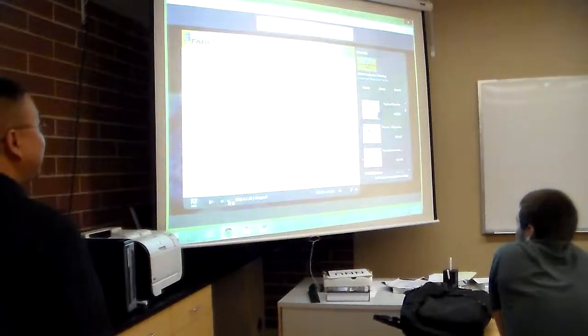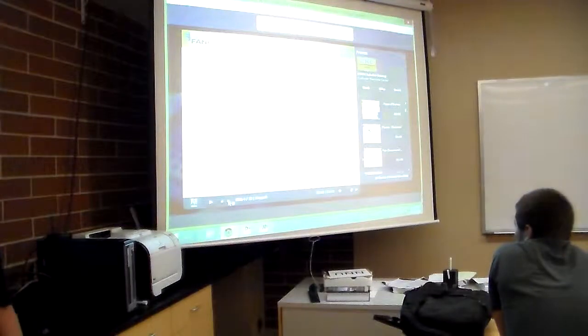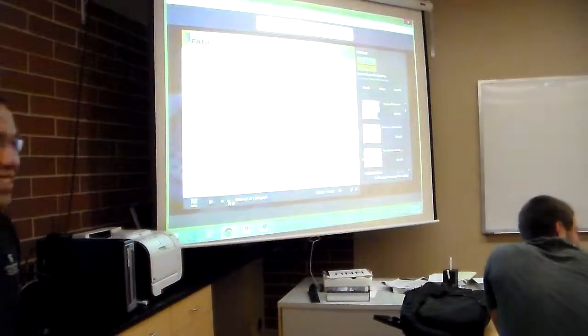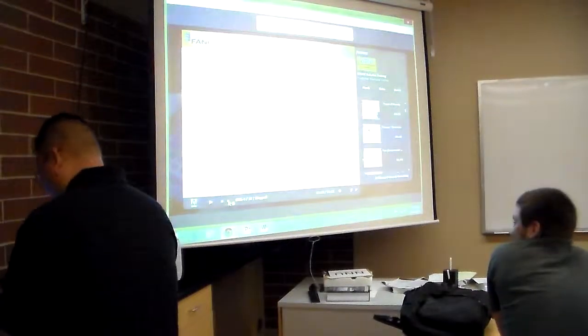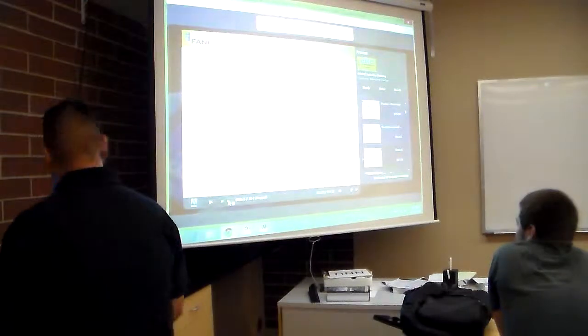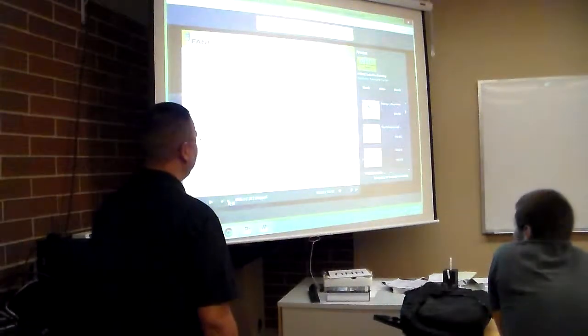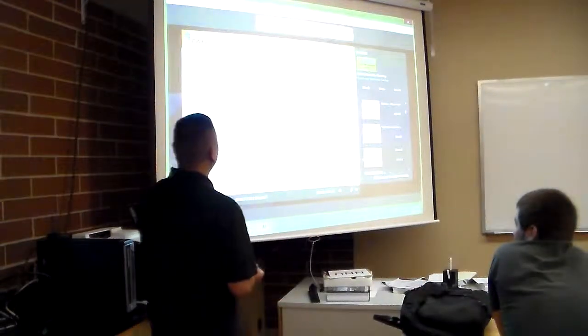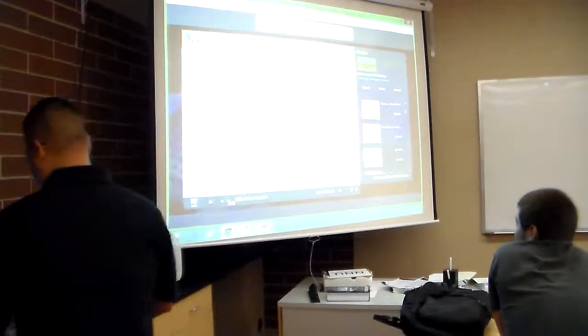So the frame is based on a two-dimensional Cartesian coordinate. Okay? So it's a rectangular coordinate system. So we have the X-axis, the horizontal axis, and the Y-axis, the vertical axis.